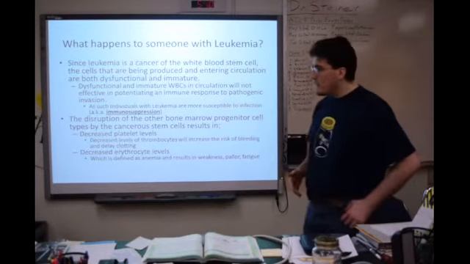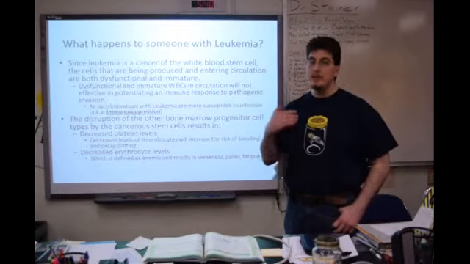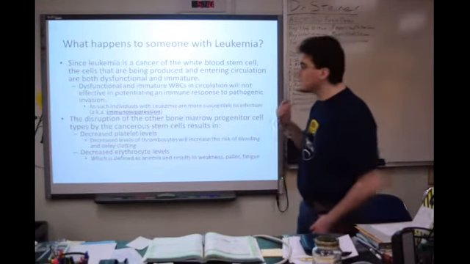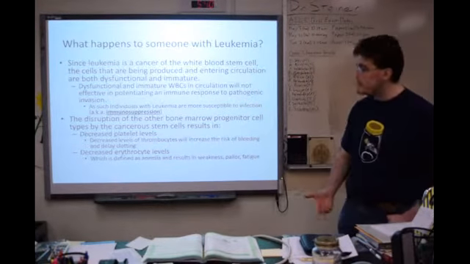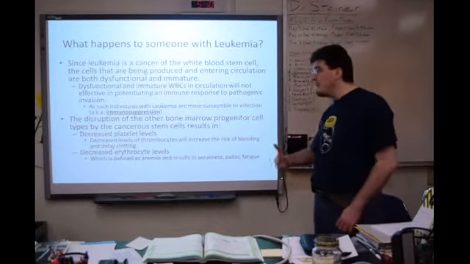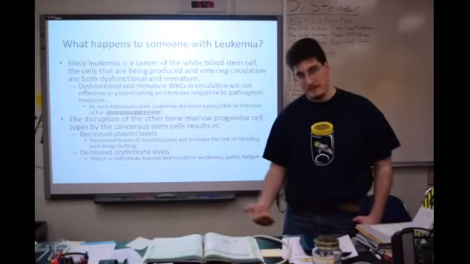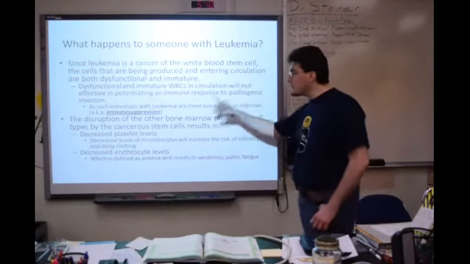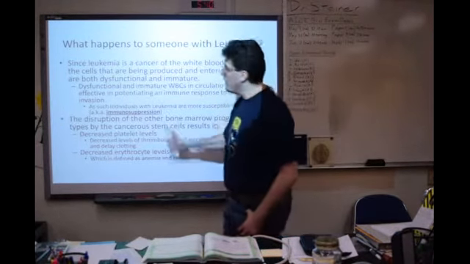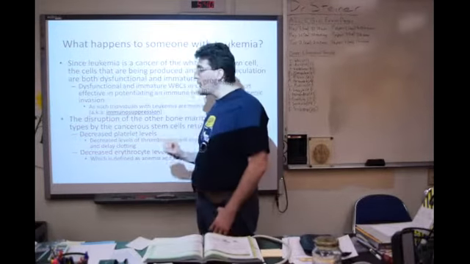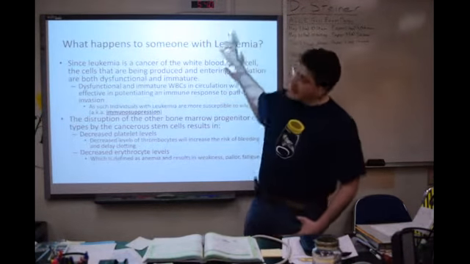As such, an individual with leukemia is going to be immunosuppressed. They will have a suppressed immune system. They will not respond well to infections. That means they are going to get sick, and they're going to get sick easily. Immunosuppression, a key term, due to dysfunctional immature white blood cells as a result of white blood stem cell cancer.